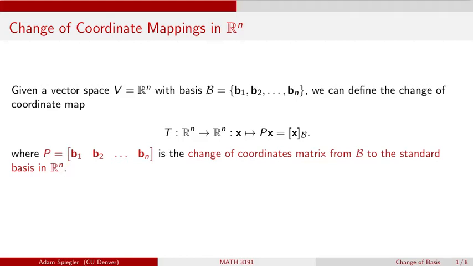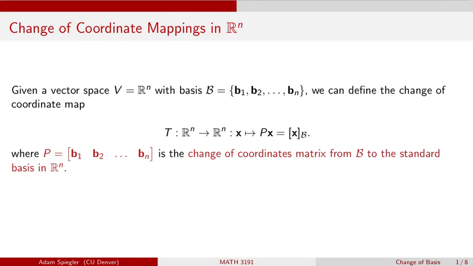And let's say that Rn has some basis b1, b2 up to bn, which is, say, different than the standard basis. Then we define the change of coordinate map, which goes from Rn back into Rn, where we take vector x and we map it to its representation under the B coordinates.